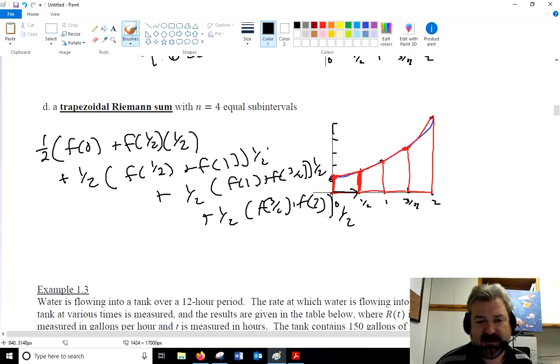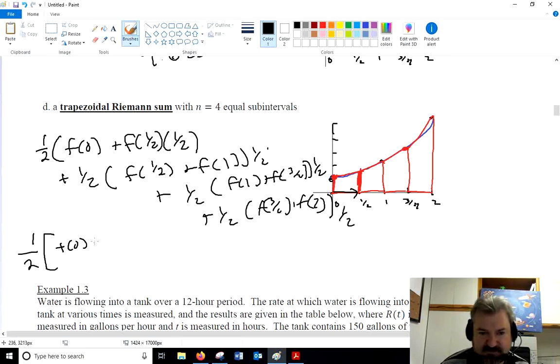Well, if you notice, I've got every single one of these things twice except for f of 0 and f of 2. And if I factor out this 1/2 from in front, the 1/2 for the trapezoids, then what I really have is f of 0 times 1/2 plus f of 1/2 times 1/2 plus f of 1 times 1/2 plus f of 3/2 times 1/2.